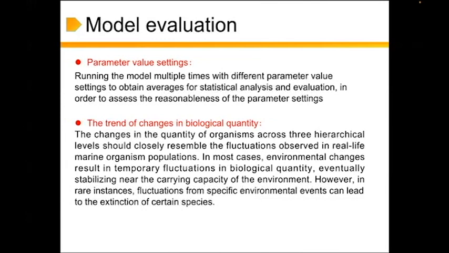In most cases, environmental changes result in temporal fluctuations in biological quantities, eventually stabilizing near the carrying capacity of the environment. However, in rare incidents, fluctuations from specific environmental events can lead to the extinction of certain species.